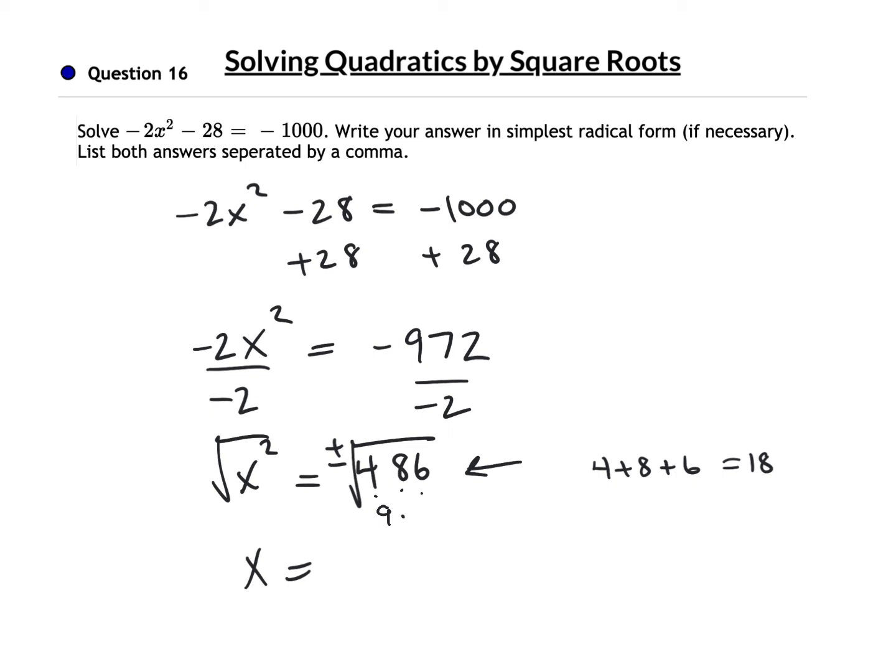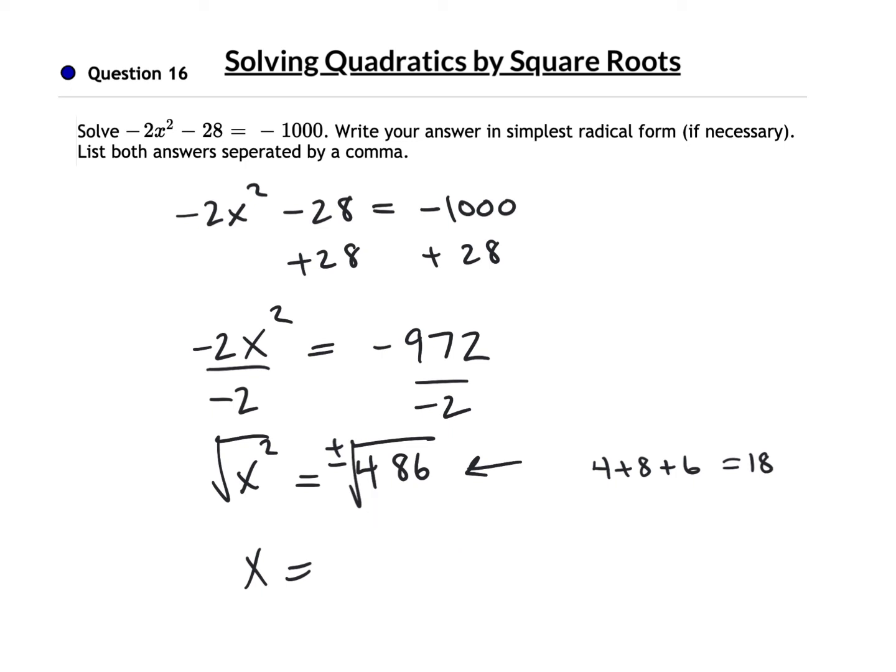I divide that by 9, I get 54. Now I notice that 54 still has a 9 in it because it's 9 times 6. And these two 9s are going to make a perfect square of 81. 81 divides into 486.